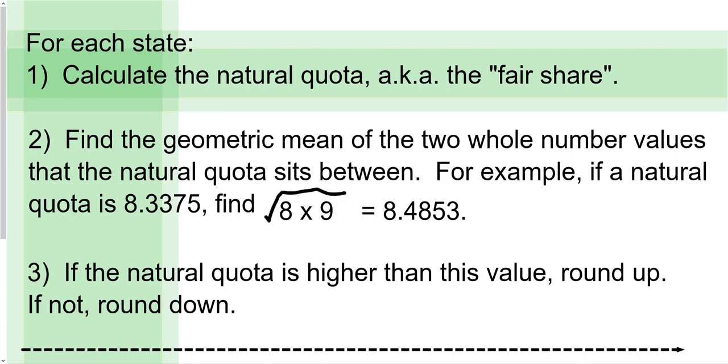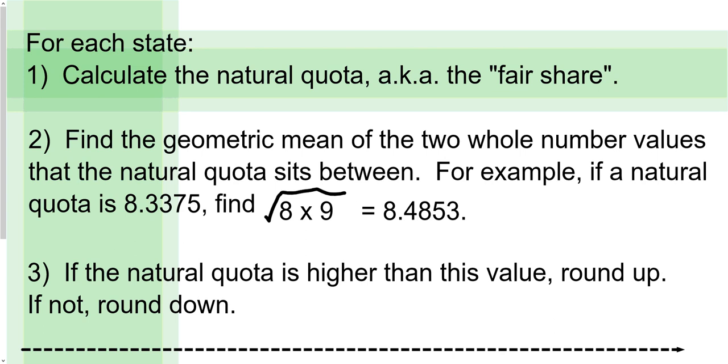Okay, so this is very similar to Webster's method, but the calculation is just a little bit tougher, and you're going to have to do one extra bit. So you calculate the natural quota, fair share, right? The next thing you do is you find the geometric mean of the two whole numbers that the natural quota sits between.